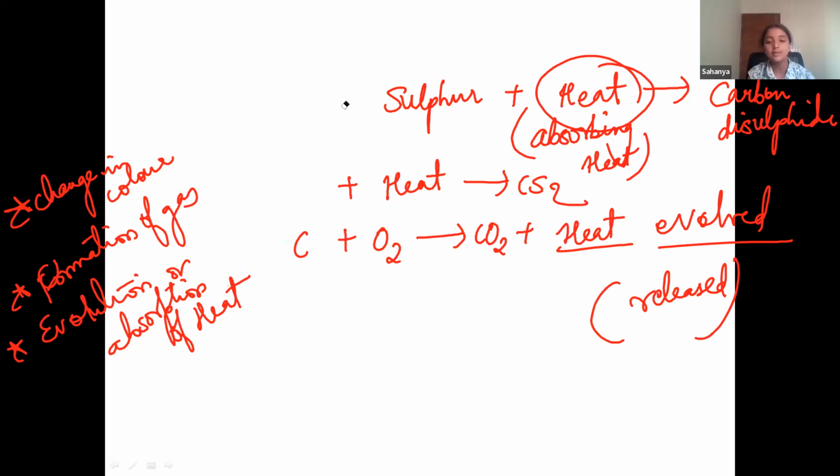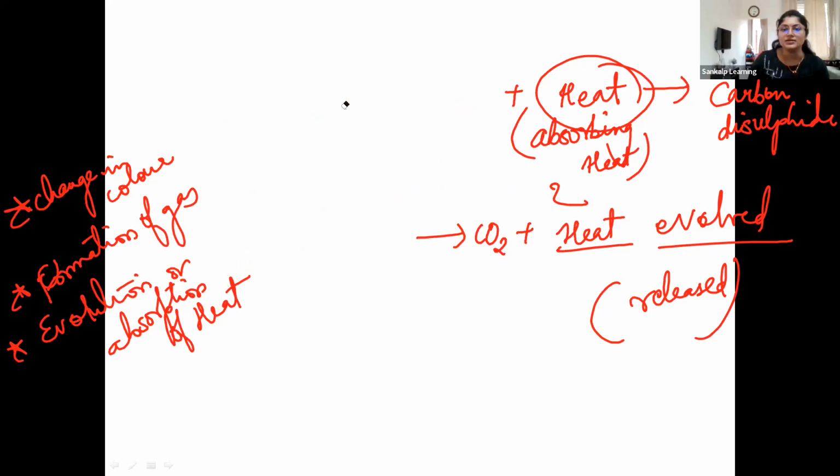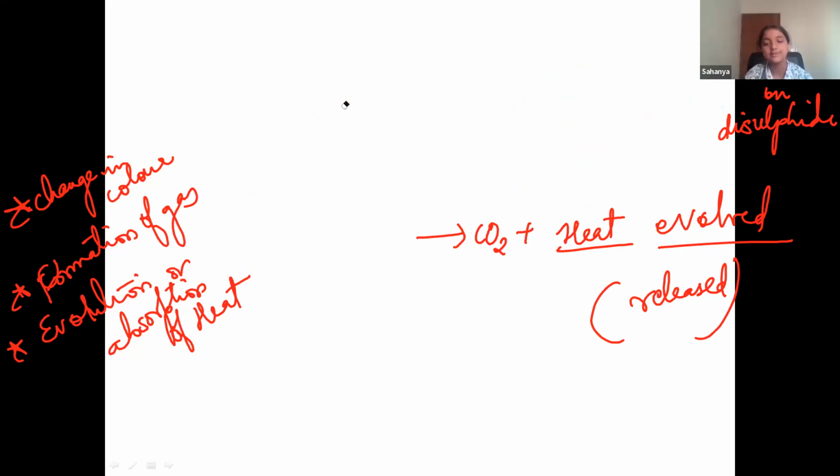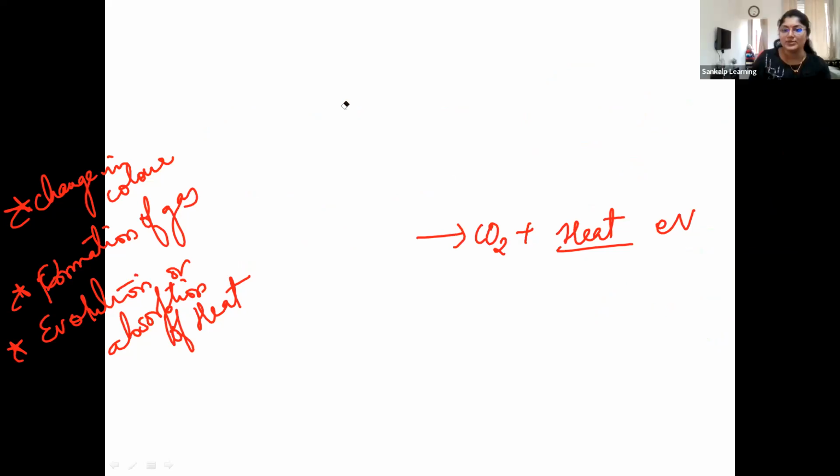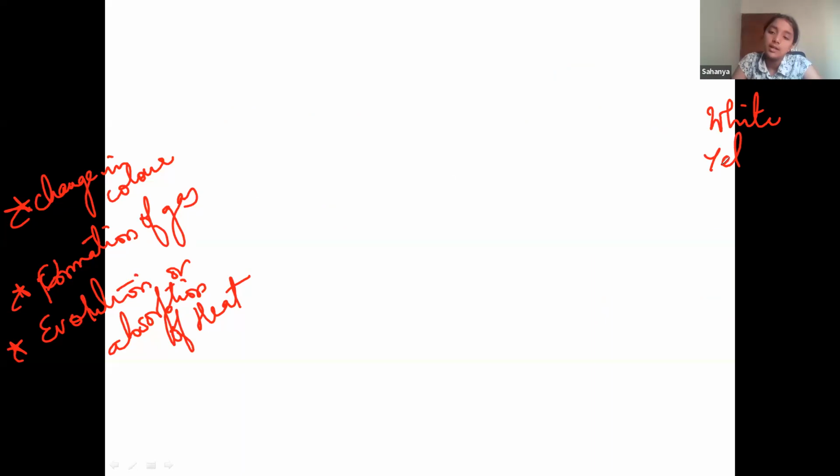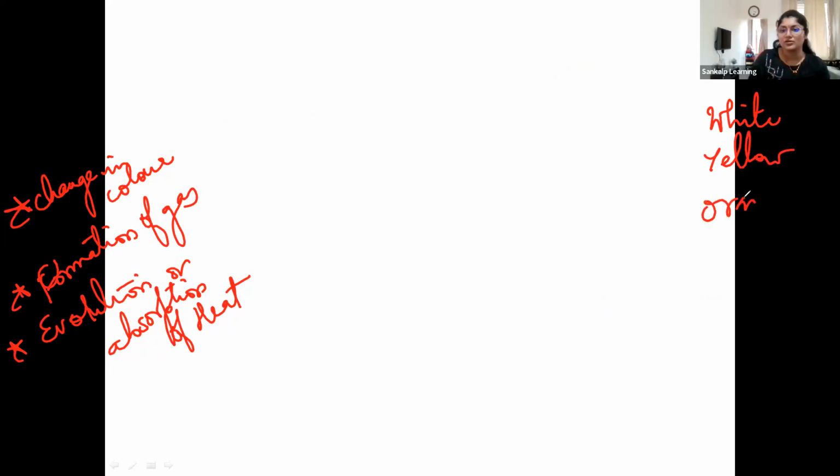So what do you mean by a precipitate? Precipitate means, you know how curd looks? Okay, I'll give you an example. Same like curd. It can be white, yellow, or orange.